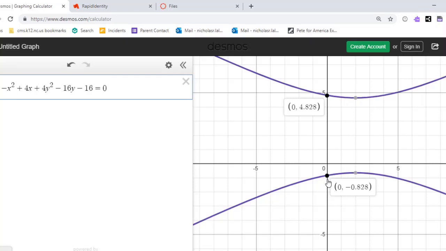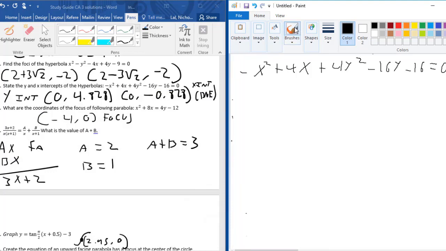So I look at the y-axis right here, and I see that I have two y-intercepts. I have 0, 4.828, and 0, negative 0.828. So as far as showing work for this problem, I would maybe draw my y-intercept and my x-intercept, and I would graph the hyperbola. Then graph the x and y-intercepts.